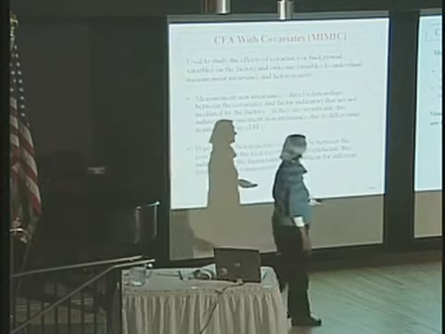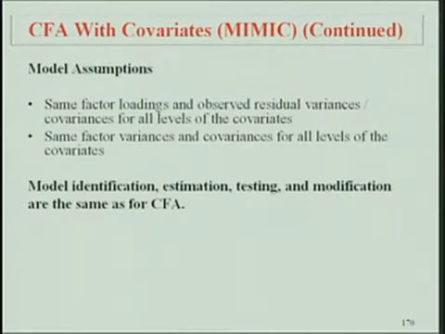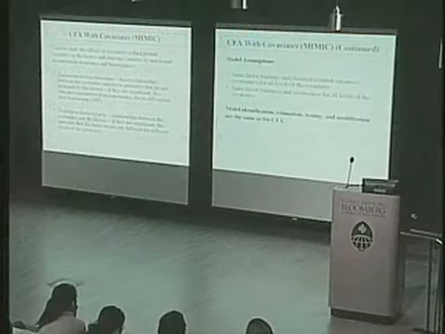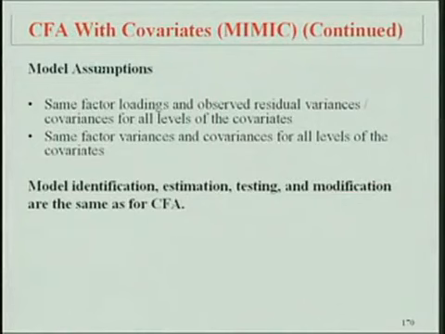Now, that's what I'm alluding to on the slide on the right screen. So in the MIMIC model, we assume that the factor loadings are the same for the groups because we can't disentangle that until we go to a multiple group model. So we can't test if they're the same. We have to assume they are. We only estimate one factor loading. And we can't also get at the observed residual variances for males and females separately.